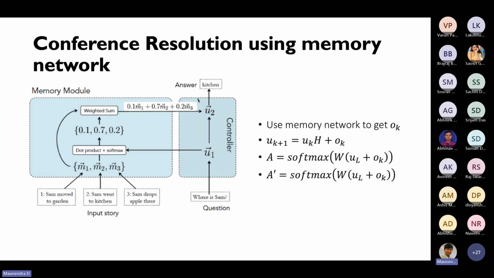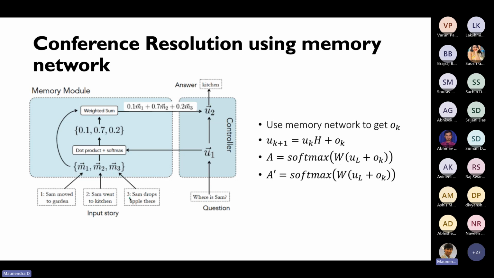You do this multiple times, and that's the depth of this. After that, you make use of a question answering model to identify the span from here that is the answer to this question. This is sometimes referred to as a memory network.